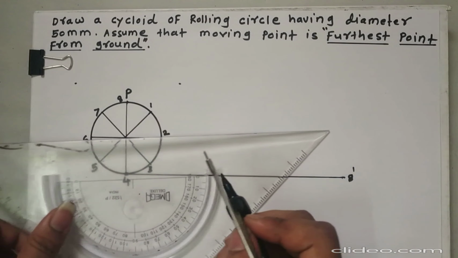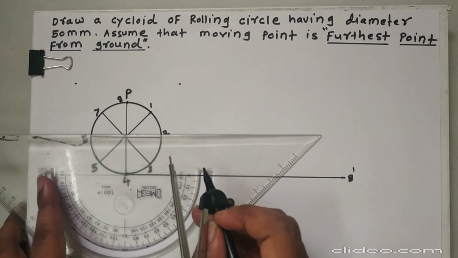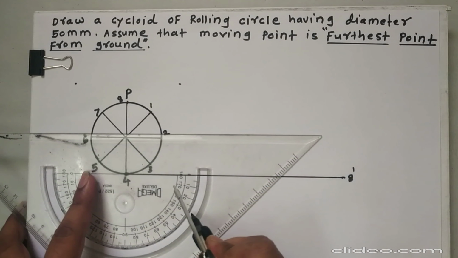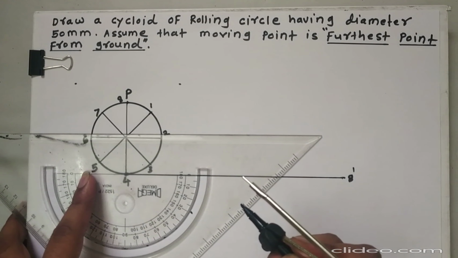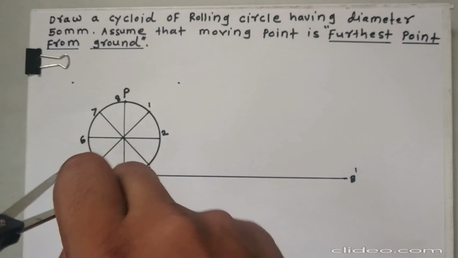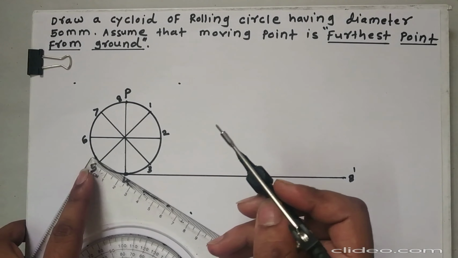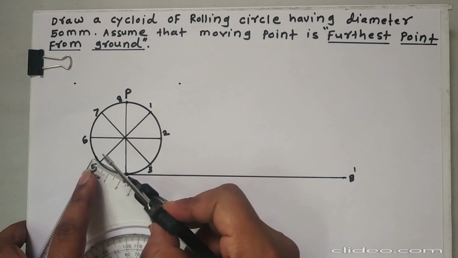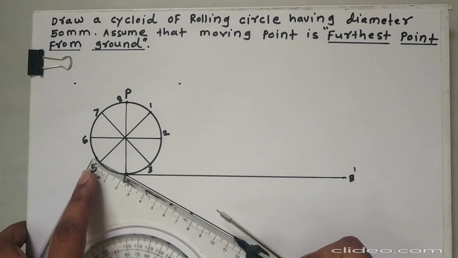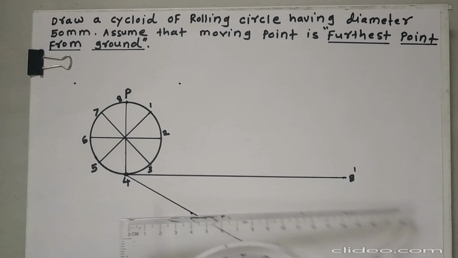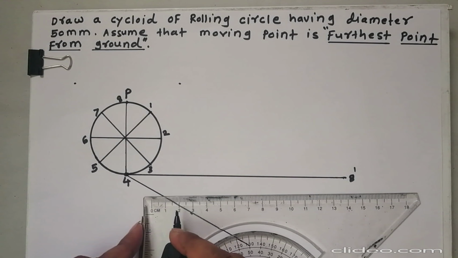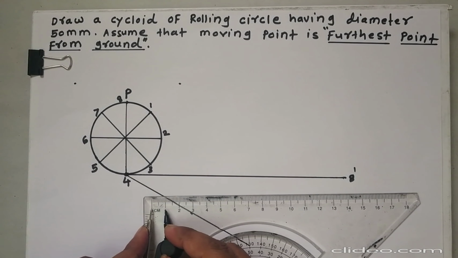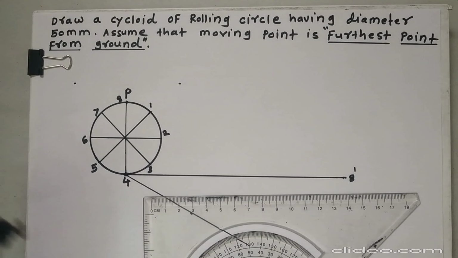Take point number 4 as the reference point. Mark a 30-degree angle. Draw one line passing through point number 4. Now take any suitable or convenient radius. I will take 1 centimeter, and mark 8 divisions on this line.